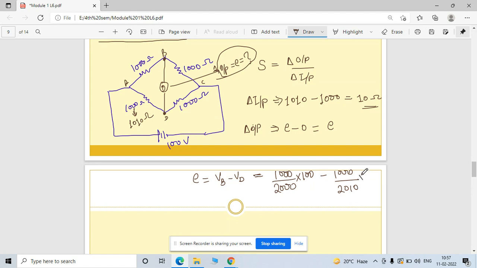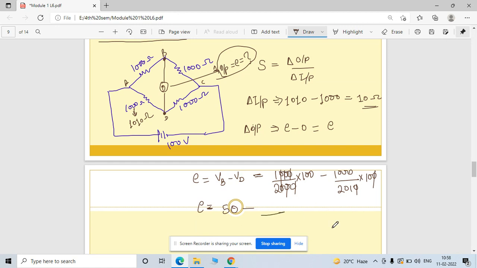Multiplied by 100. Now see, this is 2010, so it becomes a lesser value compared to this, so our E will be positive here. So our assumption is right: this potential is higher than this potential. When you solve this problem, you will get 50 minus some value.